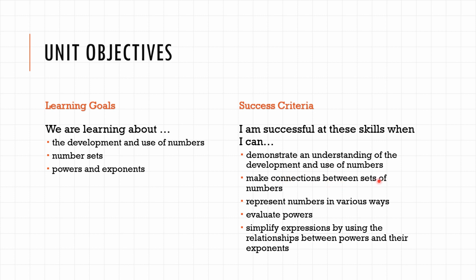When you can make connections between different sets of numbers, and this is a very important and specific mathematical definition of the word set. When you can represent numbers in a variety of ways, and then when you can evaluate powers and simplify expressions by using the relationship between the powers and their exponents. So we're going to learn all 5 of these things as we progress through this unit.